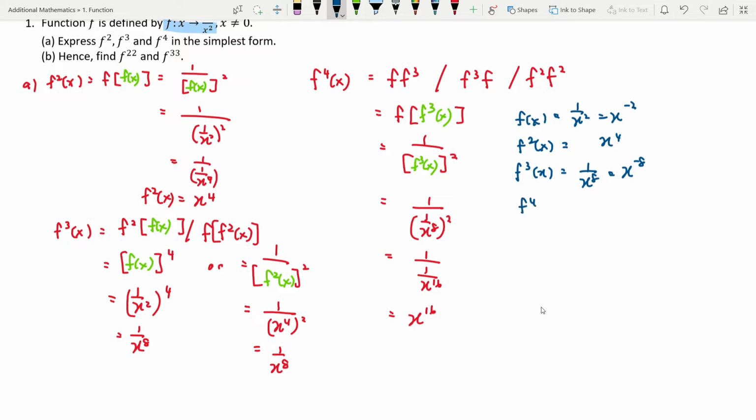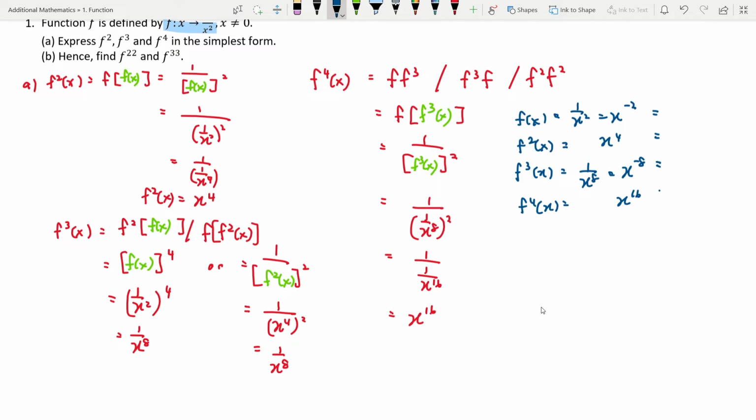And for f4(x), we have x to the power 16. Looking at the numbers 2, 4, 8, and 16, they are all numbers with base 2. 2 is 2 to the power 1, 4 is 2 to the power 2, 8 is 2 to the power 3, and 16 is 2 to the power 4. We can generalize them.